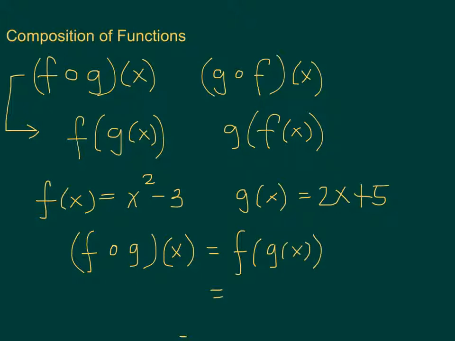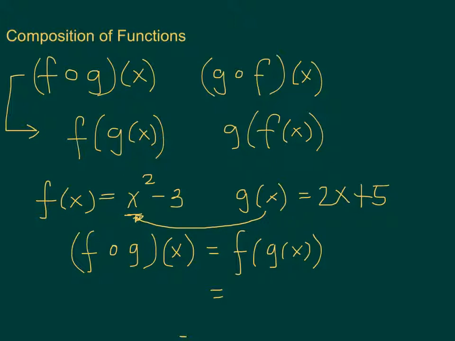It means we want to have a function in that g of x will take the place of x. So the g of x will take the place of x on the f of x.